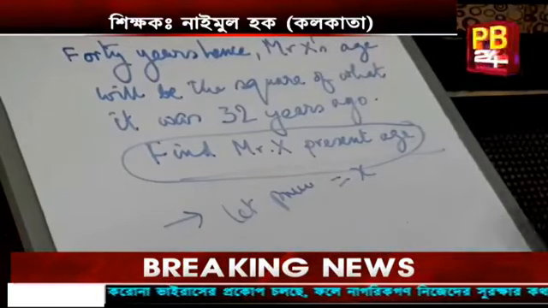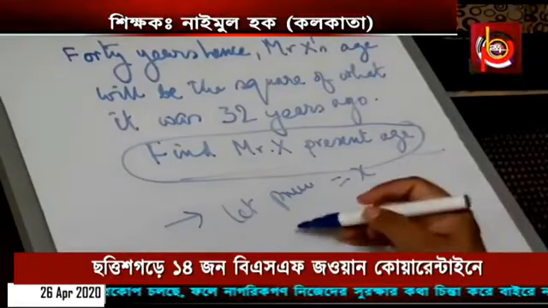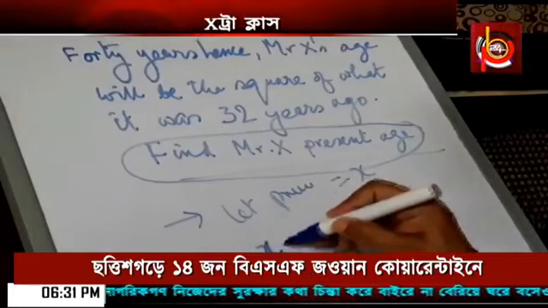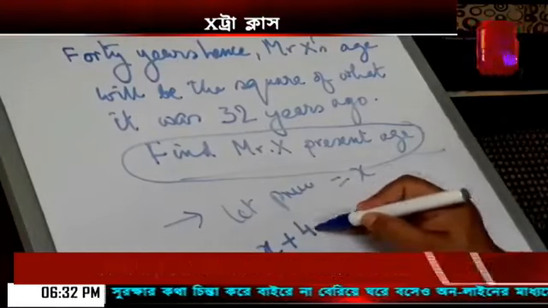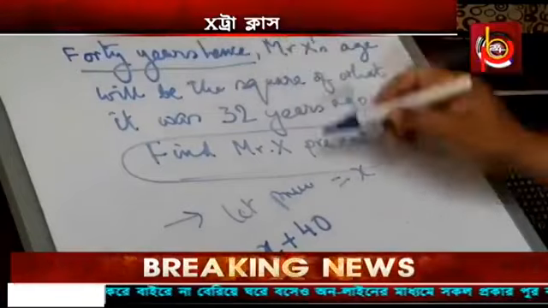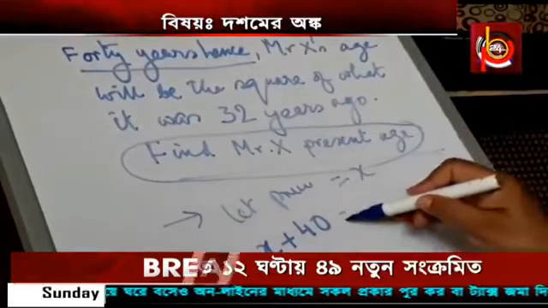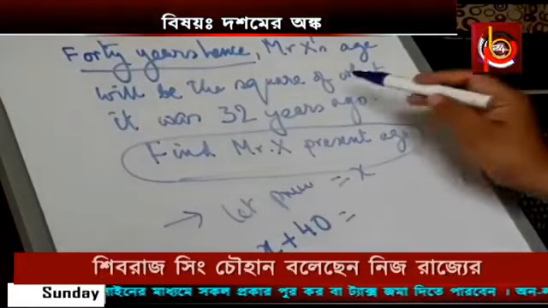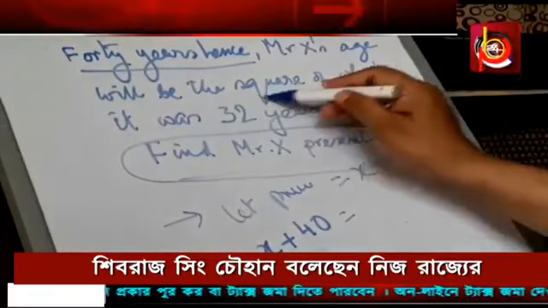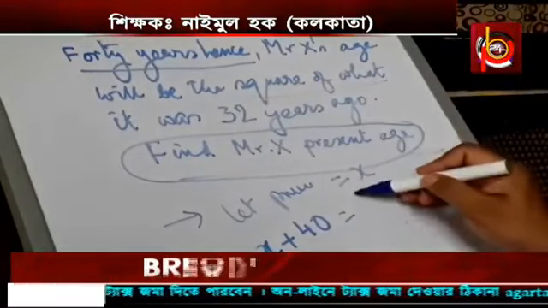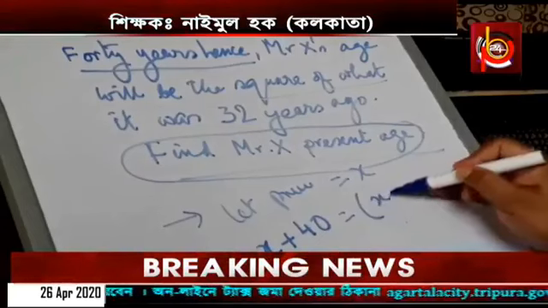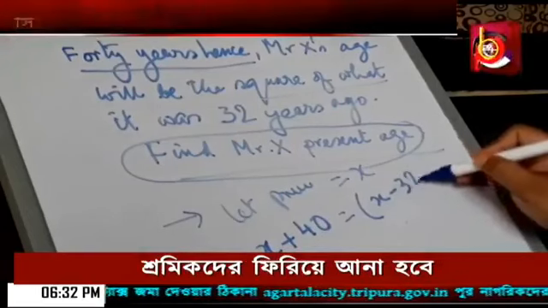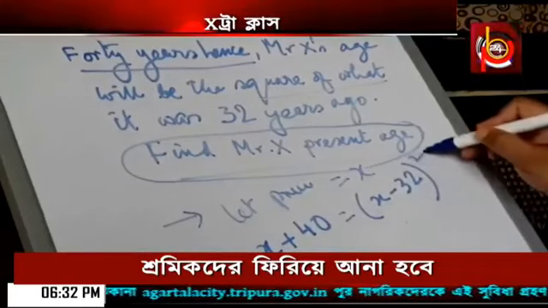Means the equation is important. x plus 40, 40 years hence, should be equal to the square of his age 32 years ago, which was x minus 32, squared.